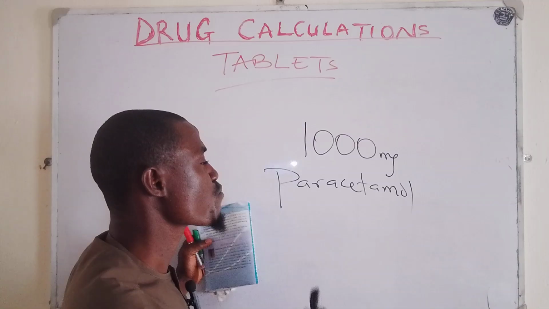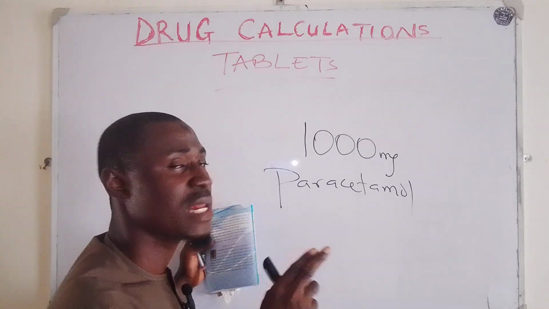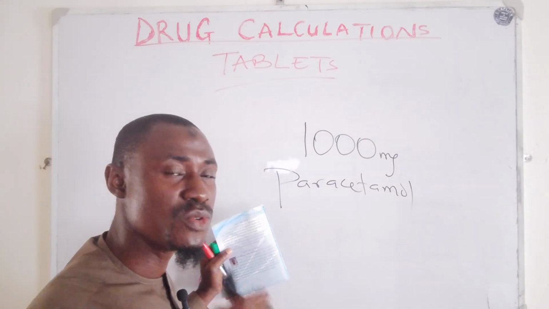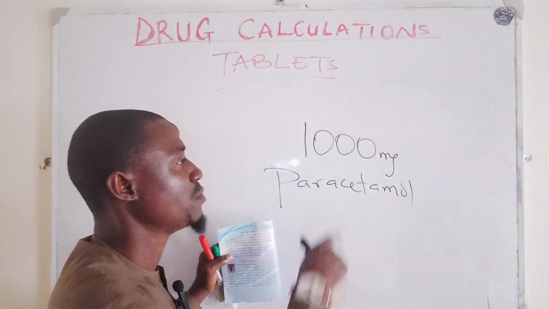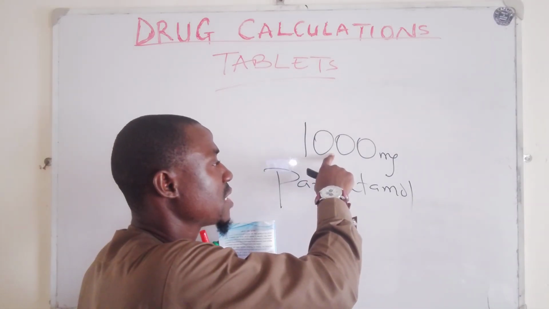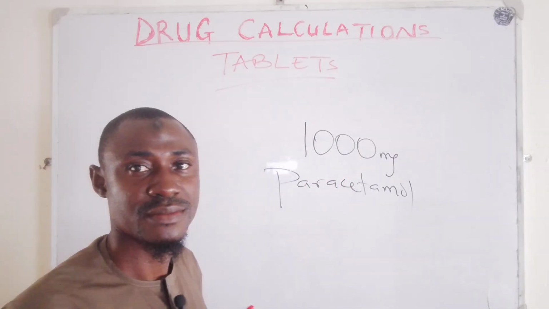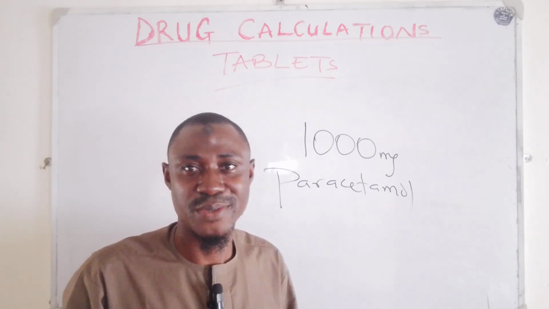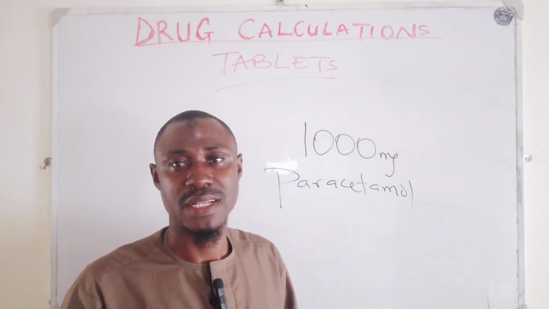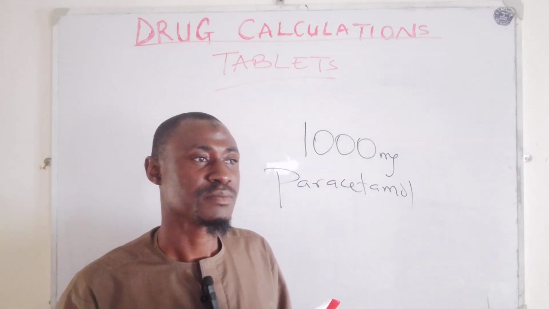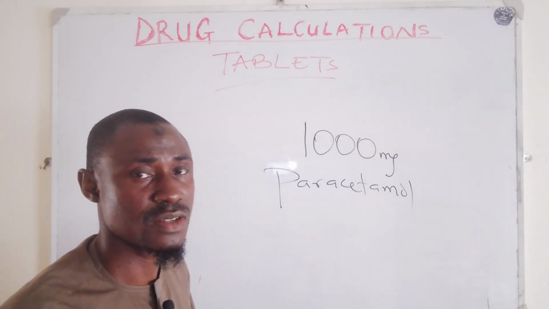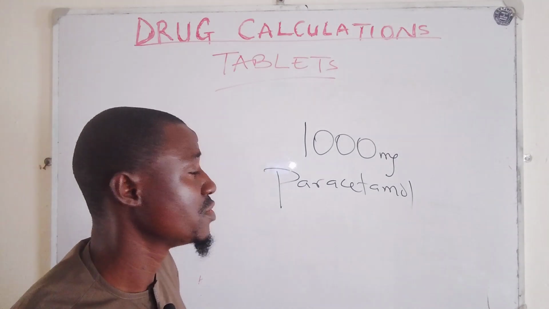But of course, since it's tablet, how many tablets will I remove from the sachet that would be equivalent to this 1000 milligram? That is just what we are going to be doing under tablet calculation. It's very simple. We're going to look at a series of examples that I believe is going to help us.